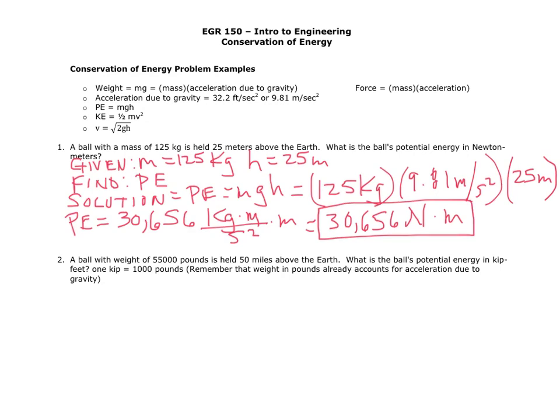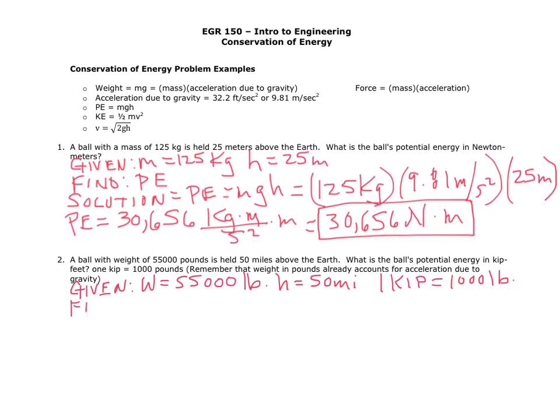Okay, number two, we're given a ball with a weight of 55,000 pounds held at a height of 50 miles. What is the ball's potential energy in kip feet, where one kip equals 1,000 pounds?